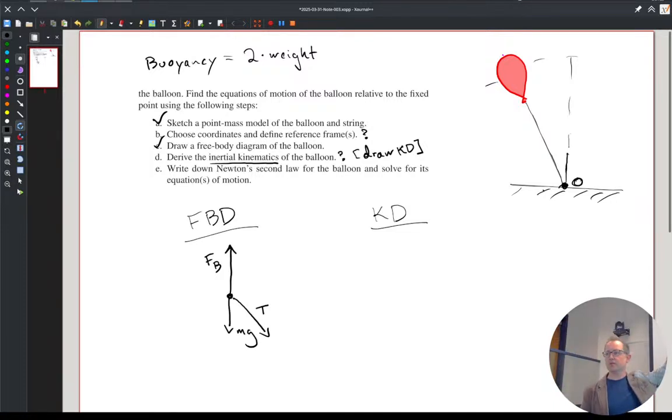If the balloon was at r equals 0, it would be sitting on the floor down there. If theta is 0, then it's straight up, right there. At least this is how I would draw it if I'm choosing polar coordinates. By the right-hand rule, as theta increases, it moves counterclockwise.